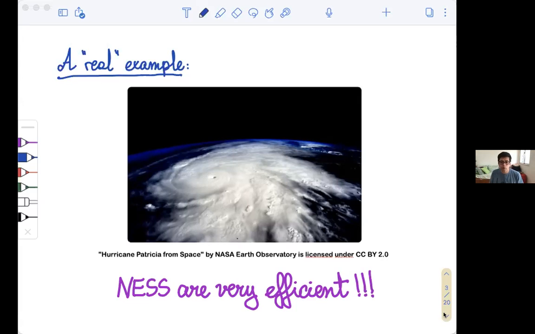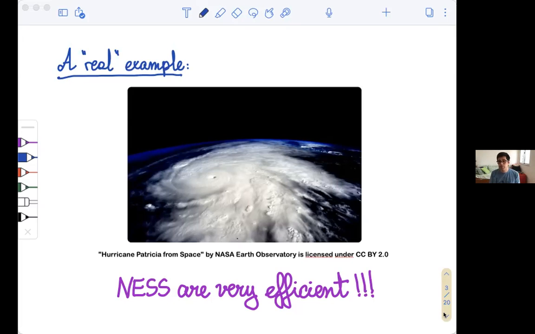And there are other examples. For instance, if you look at a Markov chain, I think everybody has heard about Markov chain Monte Carlo, which is a way to simulate some target probability measure. You use a Markov chain, and the question there is how long you have to run your Markov chain until you get to the target measure.